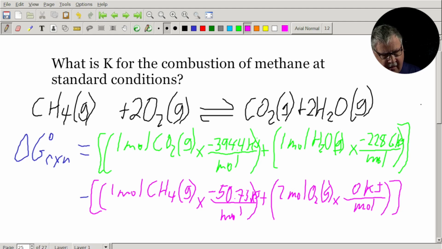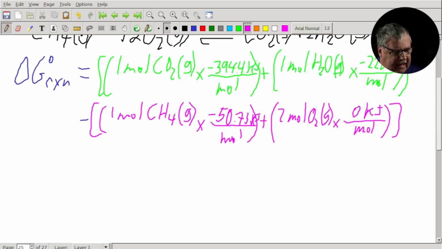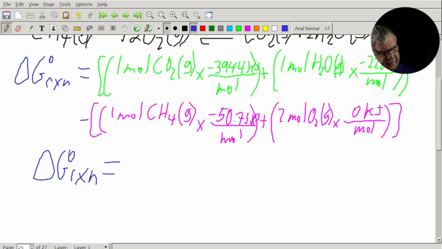All right, so if we add all this together, what do we get for a total delta G of this reaction? Here, you mean, yeah, on the equation. Okay. All right. What do we get?